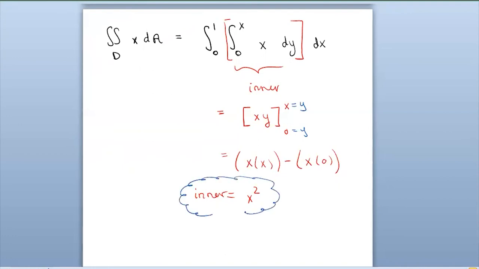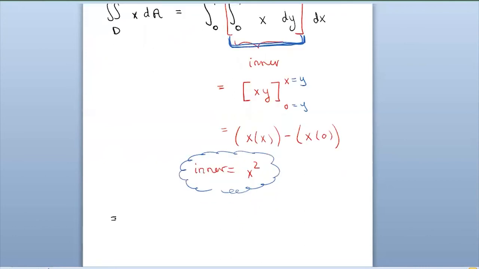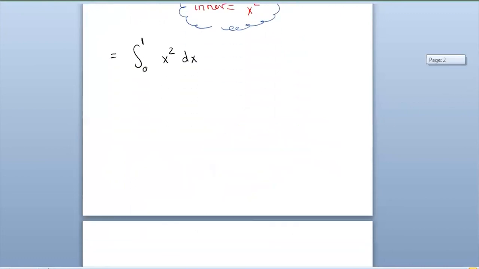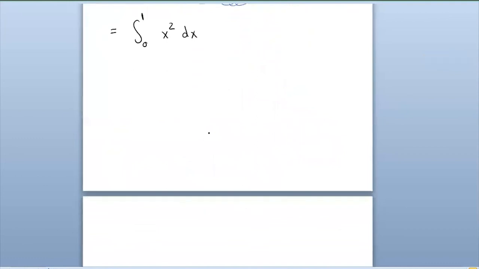I'm not quite done. So this is going to go in for where I had these brackets. I evaluated this whole inner integral. So now I have the integral from 0 to 1 of x squared dx. But as usual, now that we've completed the inner integral, we just have a normal integral to deal with.